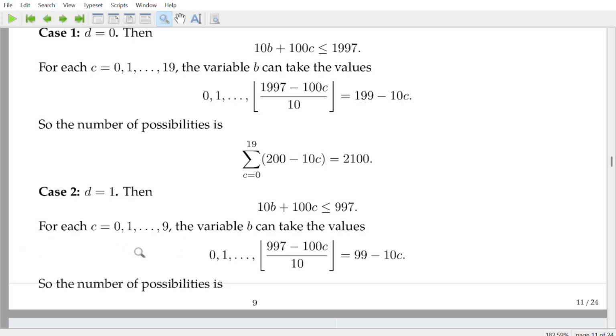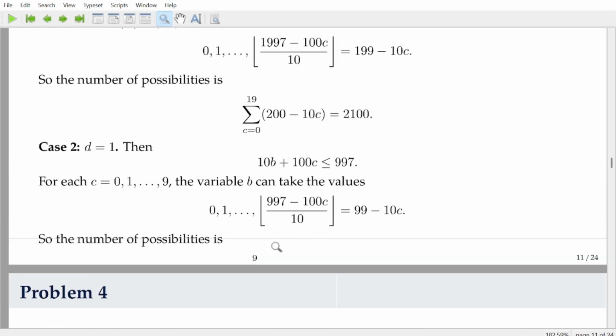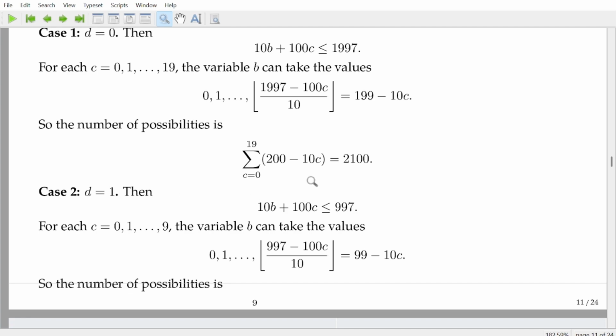And for each value of c in this case, b can take the values from 0 all the way up to this floor here, which you get by rearranging this inequality, which is the same as 99 minus 10c in this case, because 99.7 gets rounded down to 99 every time. And so the total number of possible values of b in this case, for each value of c, is 100 minus 10c. But basically, you just find the sum, similarly to how you did here.